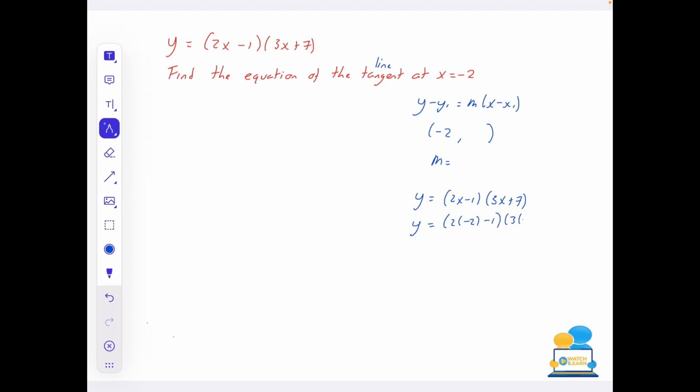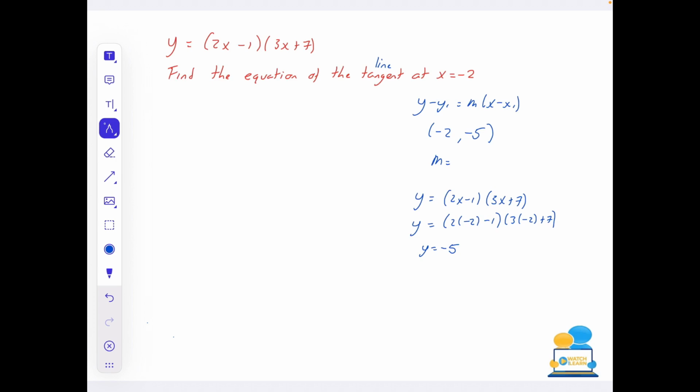I know what x is, so everywhere there's an x, replace it with minus 2. Put all that into your calculator nice and carefully. There's quite a lot of brackets there. You could do it separately if you wish. So I get y is equal to minus 5.